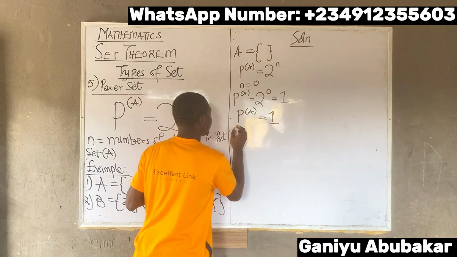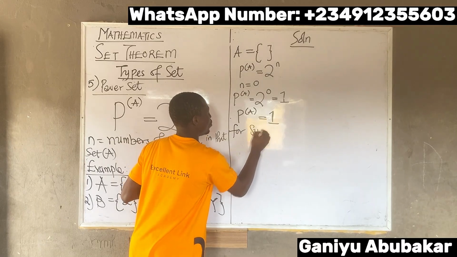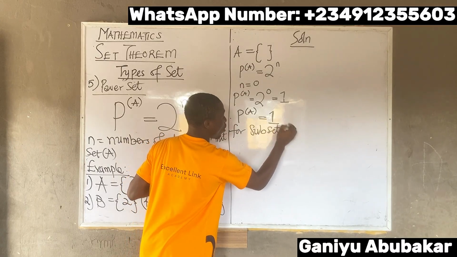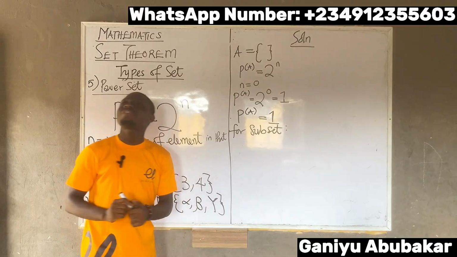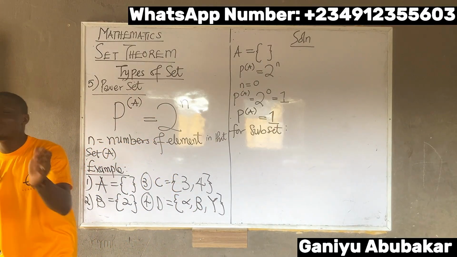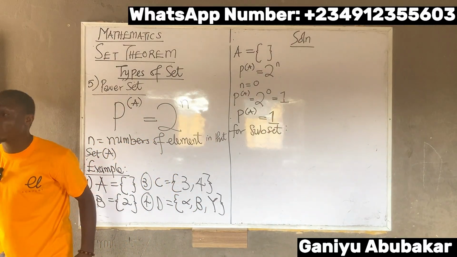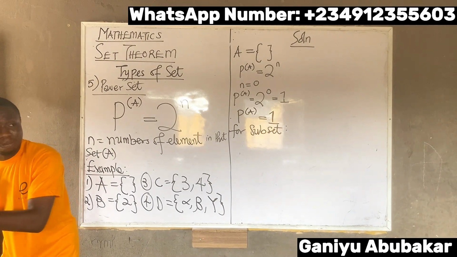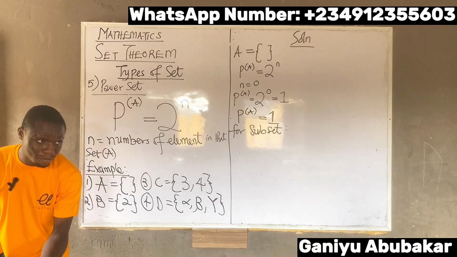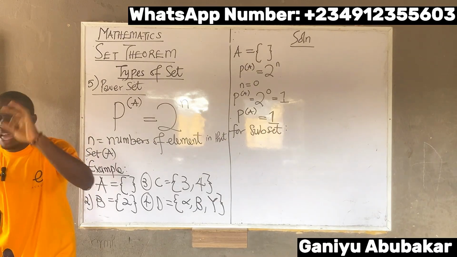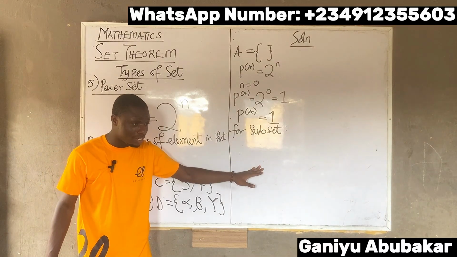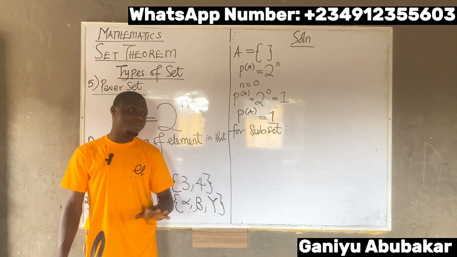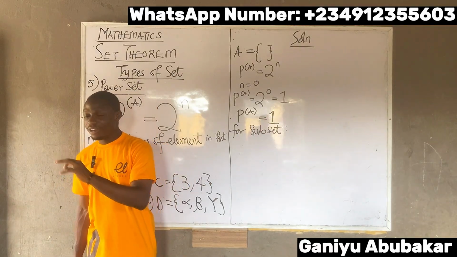For subsets, observe please, your first task is to start with an empty curly bracket, or a phi.